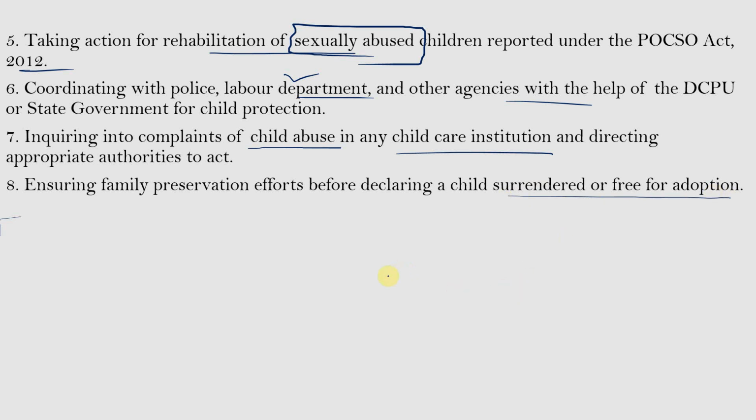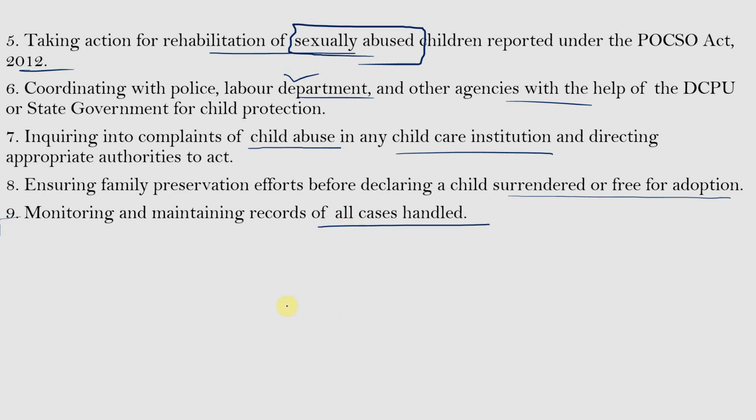So those parents who want to renounce their child, the committee shall ensure and try that the child stays with their biological parents only. And if it is not possible, then only the committee shall take that child. And the next responsibility is monitoring and maintaining records of all cases handled. So, all the cases which the committee handles, those records shall be maintained and monitored by the committee.